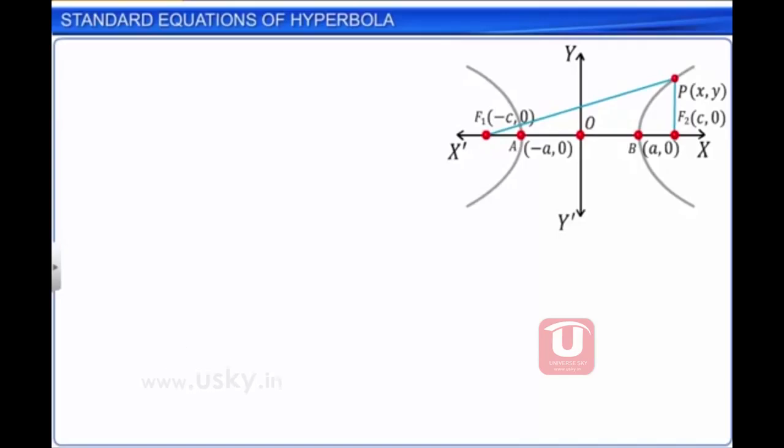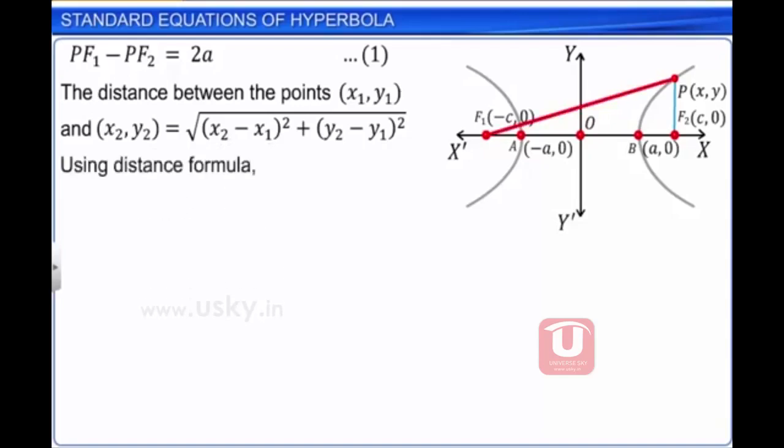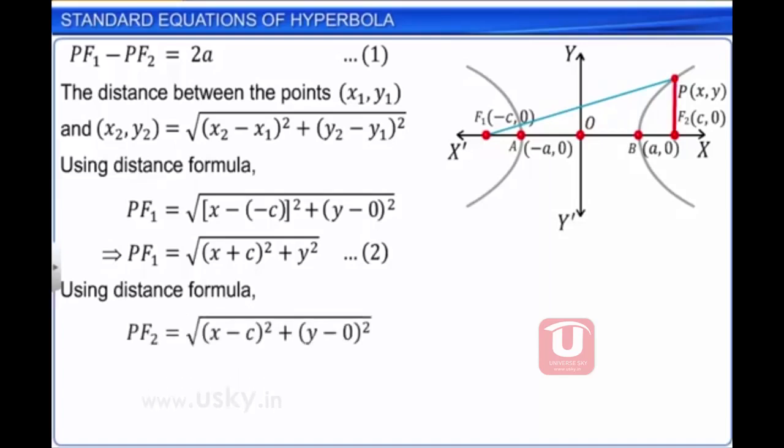Let this be equation 1. We already know the formula for calculating the distance between two given points. Using the distance formula, we get distance PF1 is equal to under root x plus c whole square plus y square. Let this be equation 2. Similarly, we get distance PF2 is equal to under root x minus c whole square plus y square. Let this be equation 3.